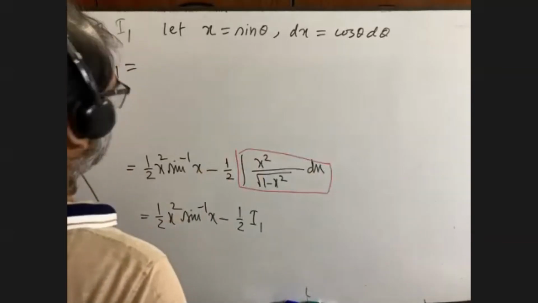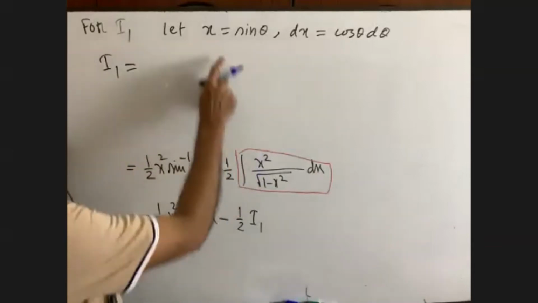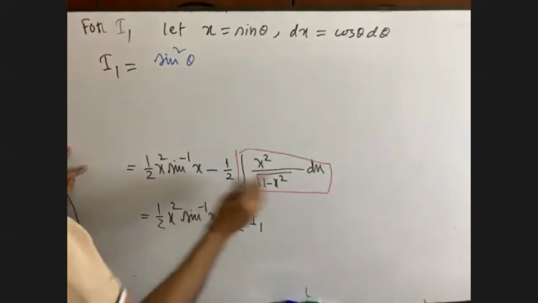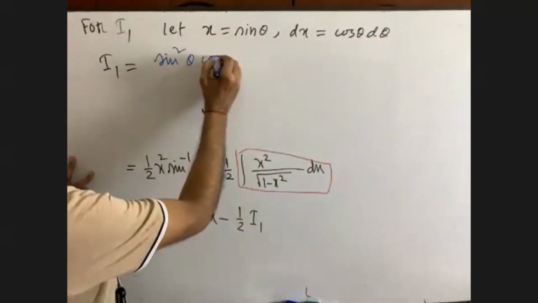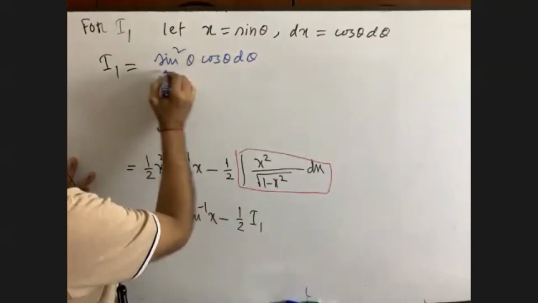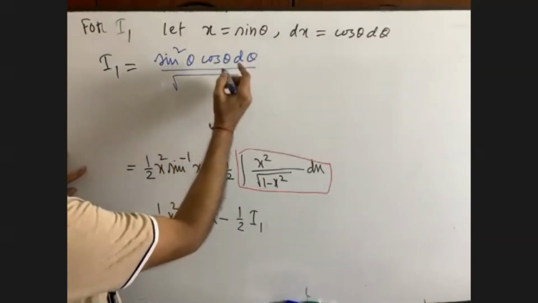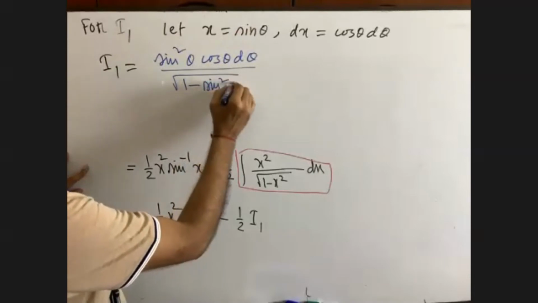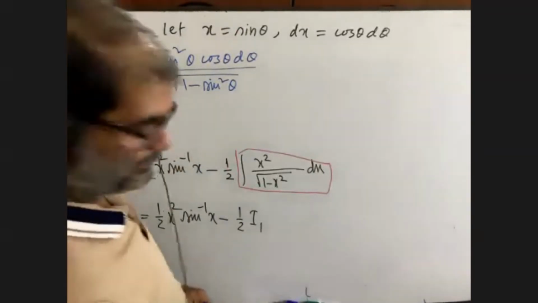So we are getting I1 is equal to, it is x square. x square means sine square theta. It is dx. dx means what? cos theta d theta by root over 1 minus x square, which means cos square theta. Integration sign.